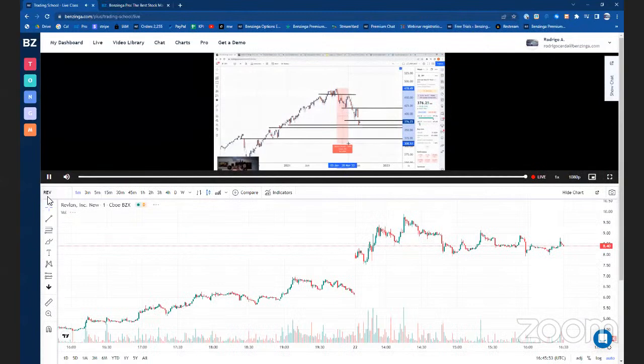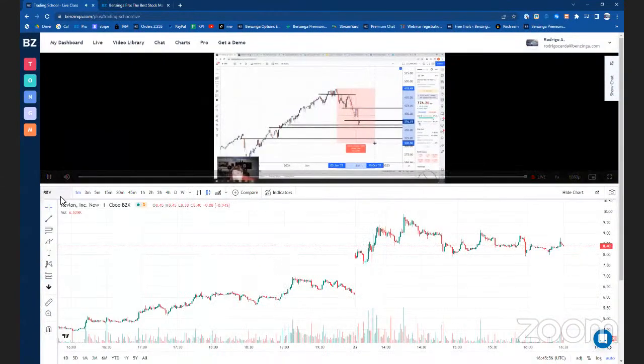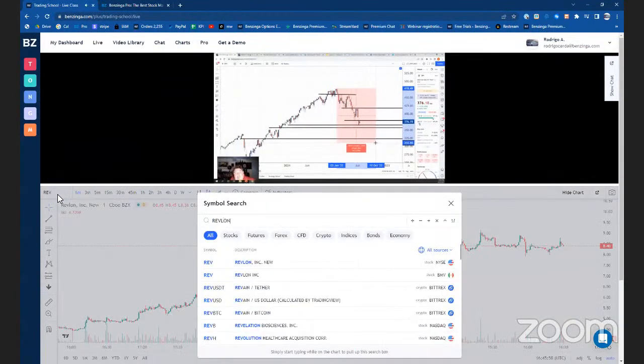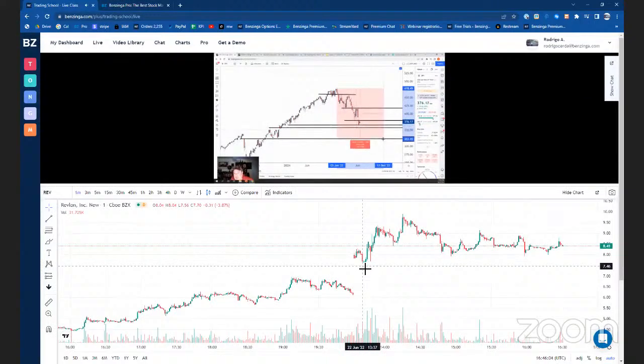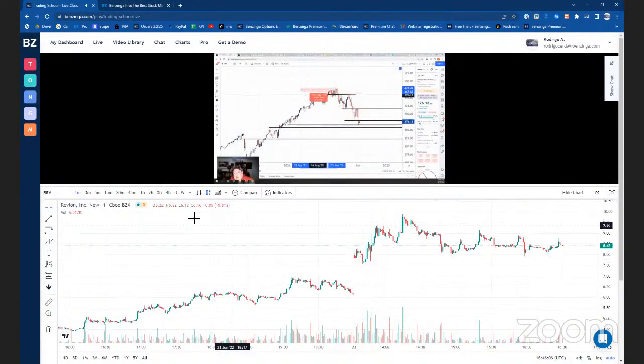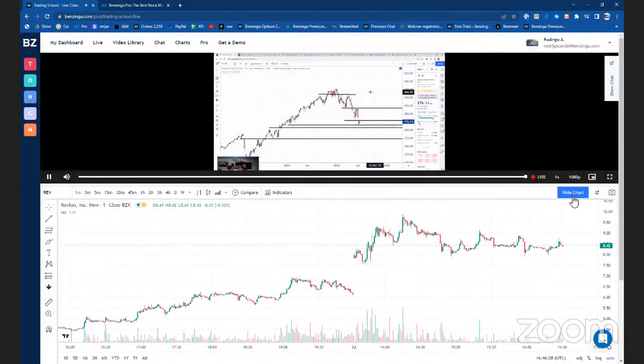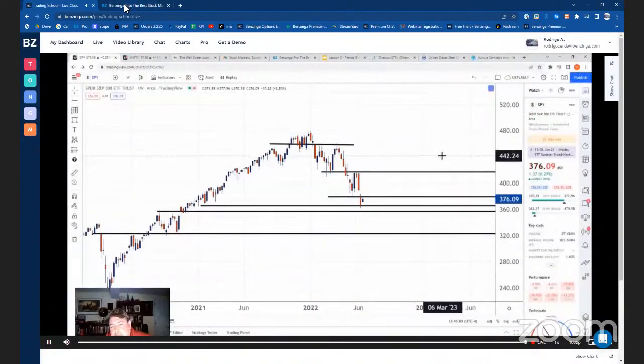So that could be another 20% to come. So if this is an average bear market, then we can expect some more selling. And I think it's going to happen.